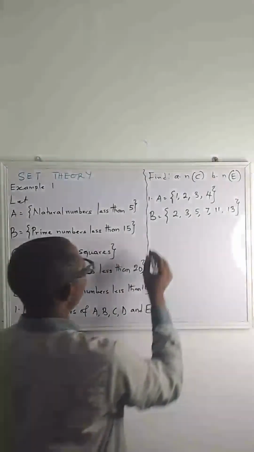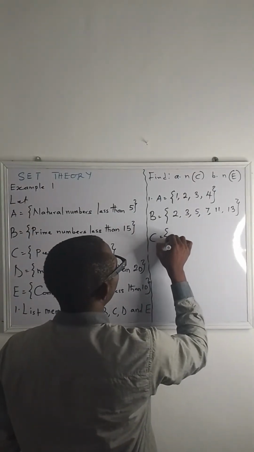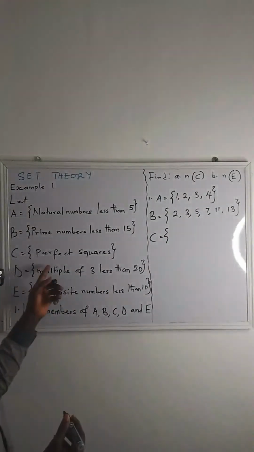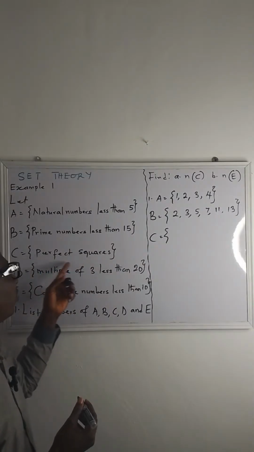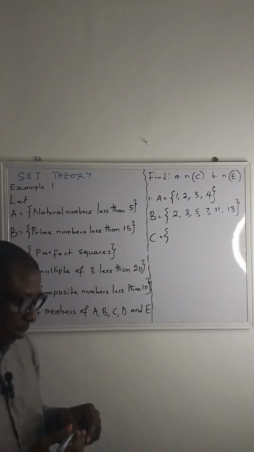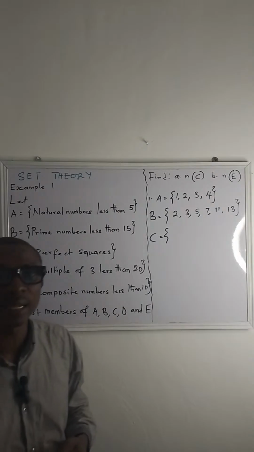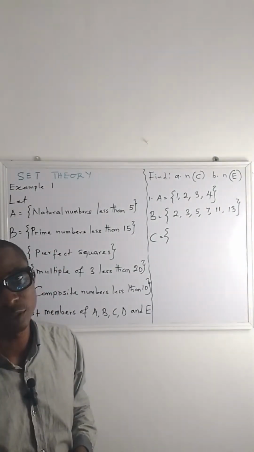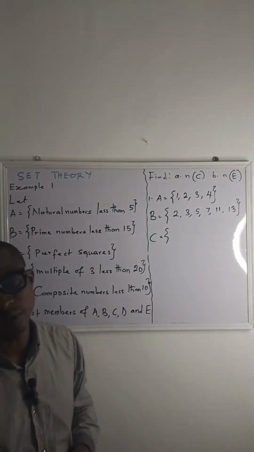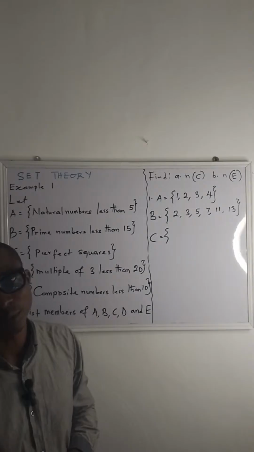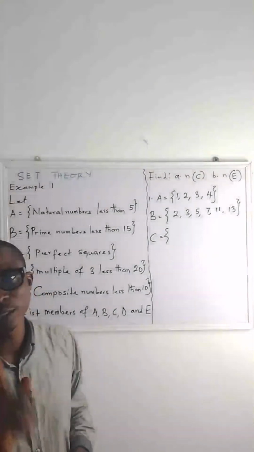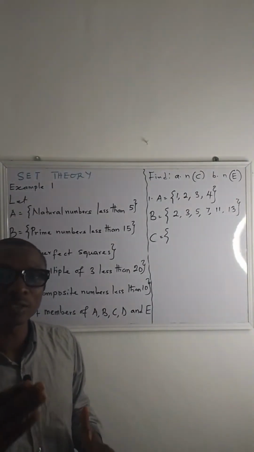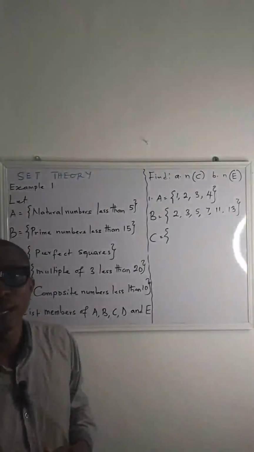Now let's look at the third one, the set of perfect squares. Perfect squares are natural numbers whose square roots are integers. So what is the list of perfect squares? Is anybody telling me? The list of perfect squares starts with 1, because when you find the square root of 1, you have an integer.